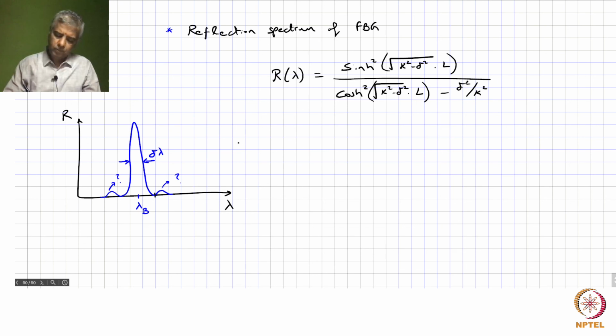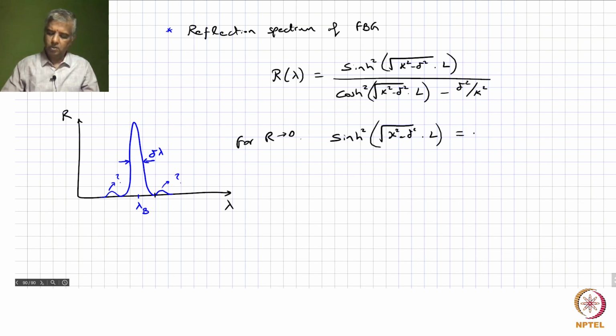So for R to go to 0, sinh of square root of kappa square minus delta square multiplied by L has to go to 0. This goes to 0 when this argument becomes j times pi. So sinh of j times pi is what is going to give you 0.